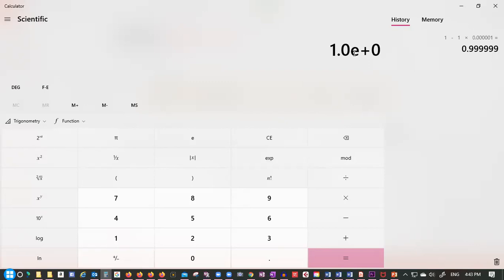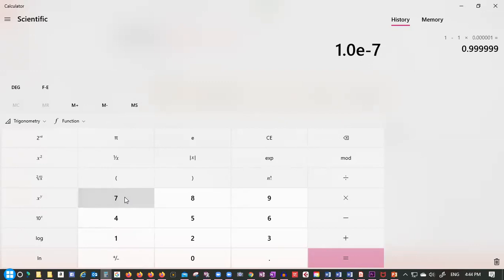That means this number times 10 to the exponent. And the only thing you need to do is to write the exponent, whether it's positive or negative. In my case, I had to write -7. In this case, I write negative first and then 7.